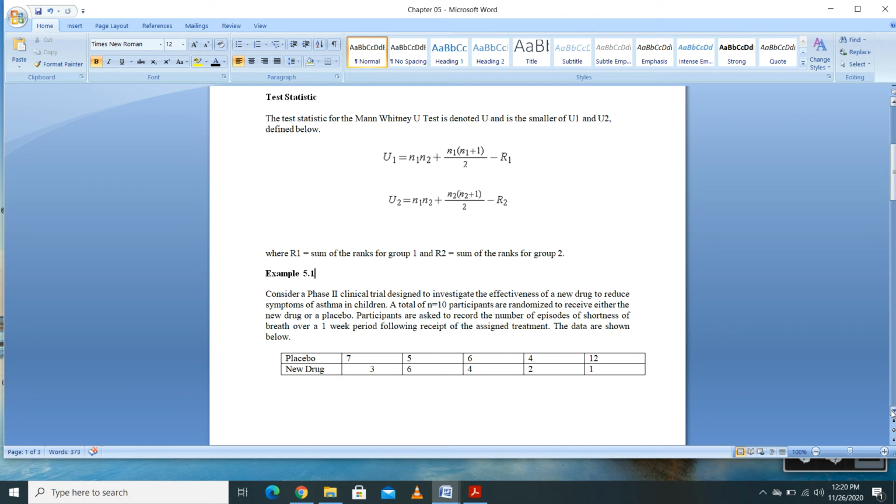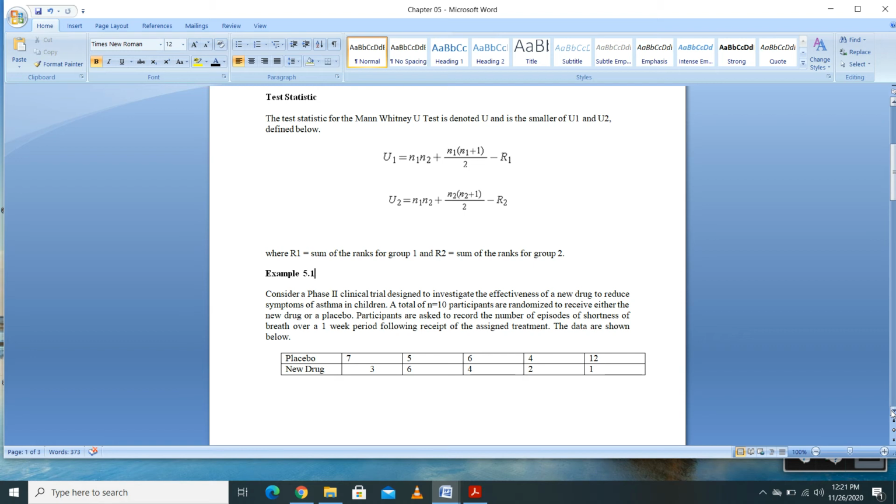So they are doing a clinical trial in order to check the effectiveness of a new drug which is used for children who are having asthma. They have selected 10 children and they have given the new drug to 5 and a placebo to another 5.